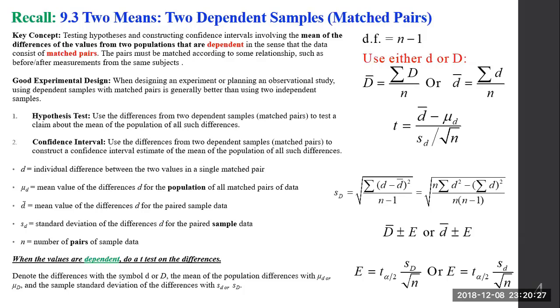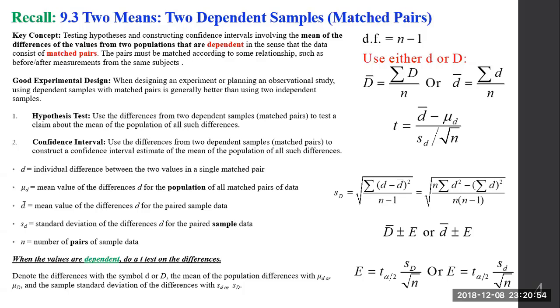T, dealing with one population x bar, was x bar minus mu over s divided by the square root of n. Now, instead of x bar, we use d bar. Again, what is d? The difference between the two values. What is d bar? It is the average of those. So T is calculated that way.